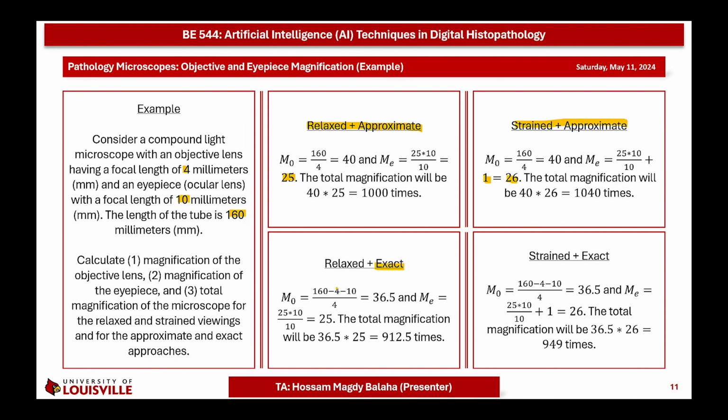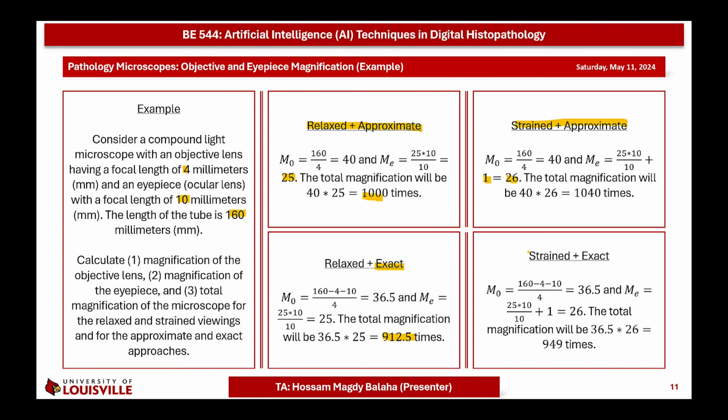What about the exact? The exact, as we saw in the previous slide, subtracts: 160 minus 4 minus 10, divided by 4, will be 36.5, and ME will be the same value, so the total magnification will reduce from 1000 to 912.5.